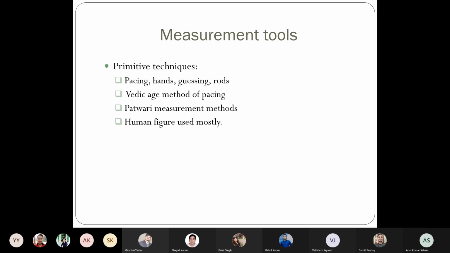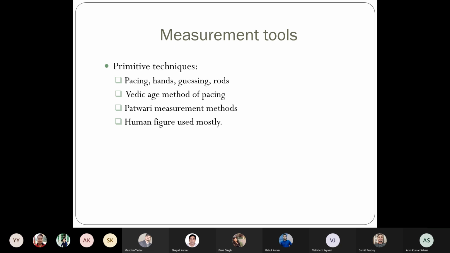Okay, so we are discussing measurement tools which were used in the earlier days. There were primitive techniques whereby using your hand, by some type of guess, by using standard rods and some Patwari measurement methods, human figures were used.